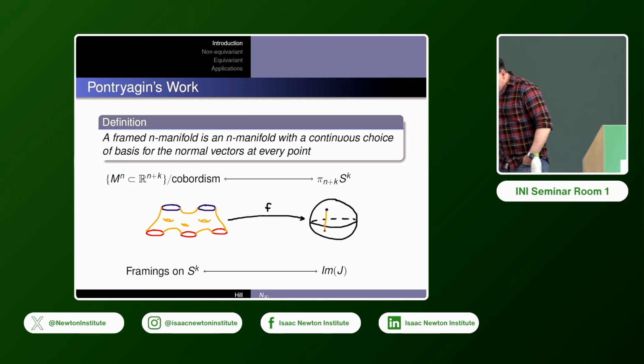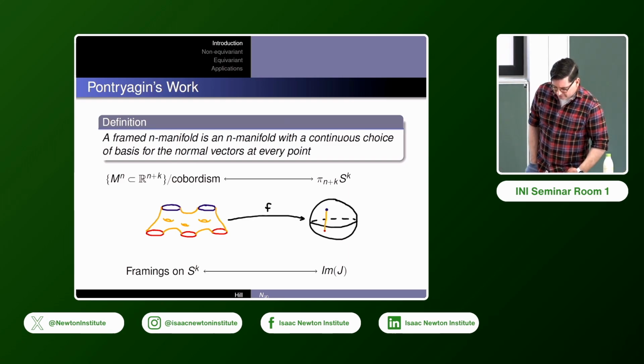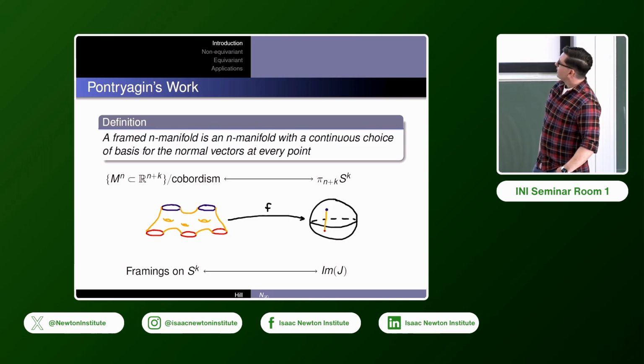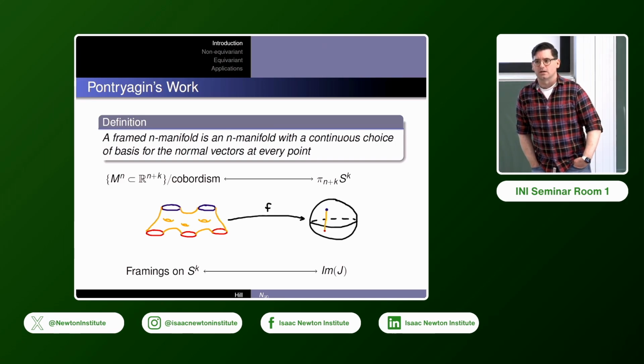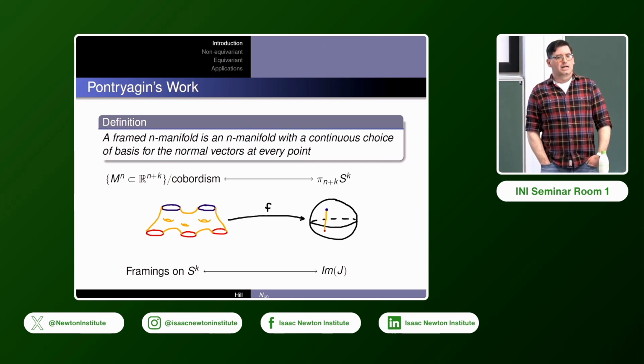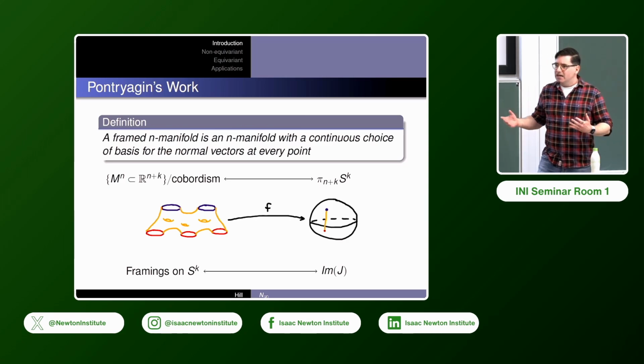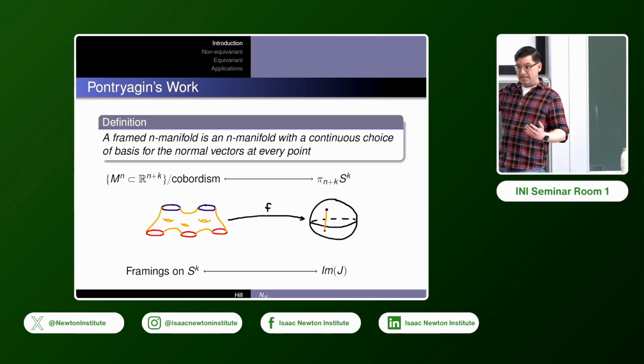And he showed, and I'll talk about some of these definitions later, that there's a dictionary that connects the homotopy groups of spheres to a different concept, namely manifolds together with a framing. And that's a choice of basis for the normal vectors at every point. So I'm taking my manifold, I'm embedding it in a big Euclidean space.